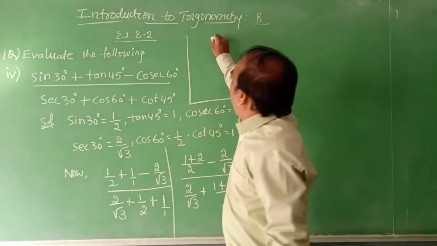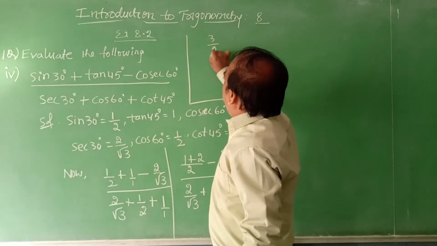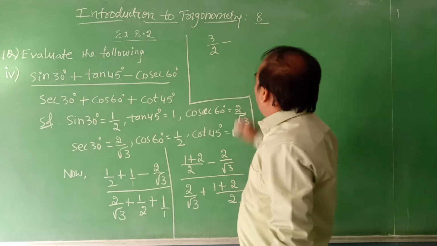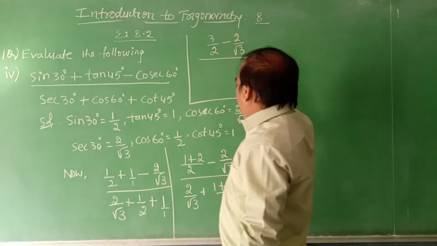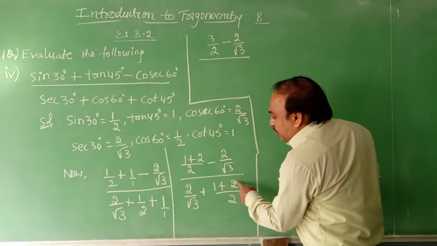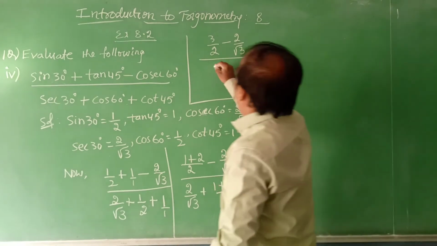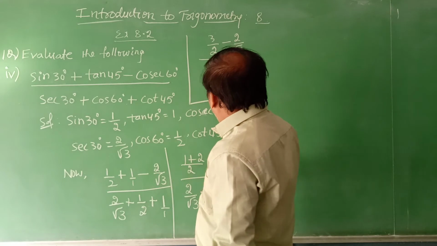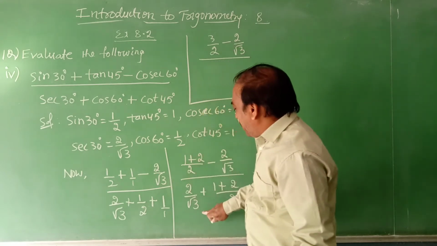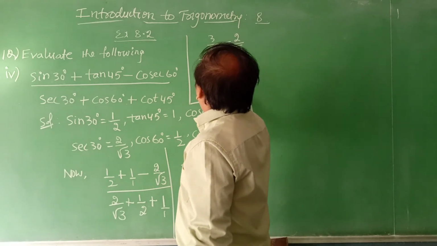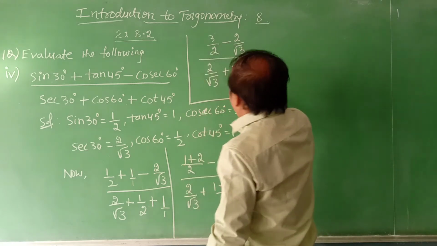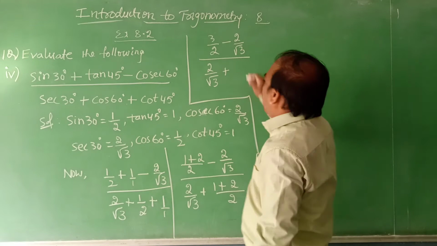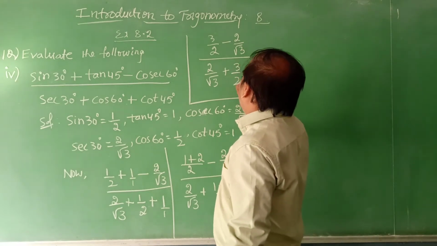So the numerator is 1 plus 3 by 2 minus 2 by root 3, and the denominator is 2 by root 3 plus 3 by 2.